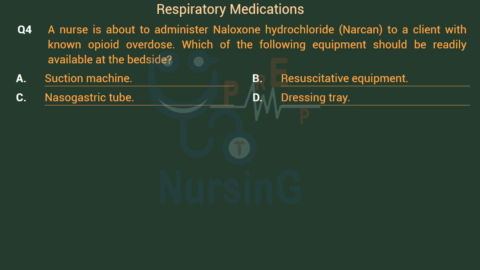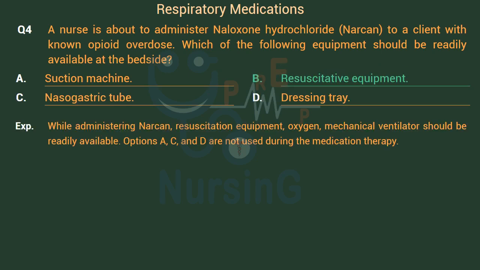Option D. Dressing tray. Right answer is Option B. Resuscitative equipment. While administering Narcan, resuscitation equipment, oxygen, and a mechanical ventilator should be readily available. Options A, C, and D are not used during the medication therapy.